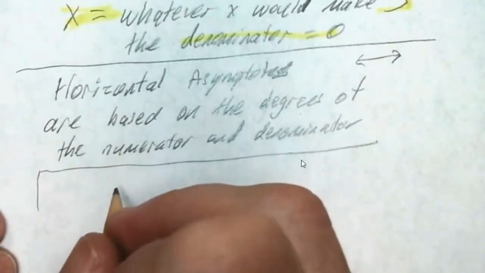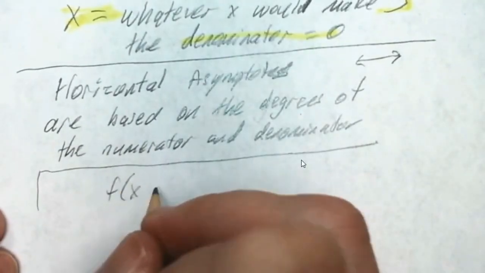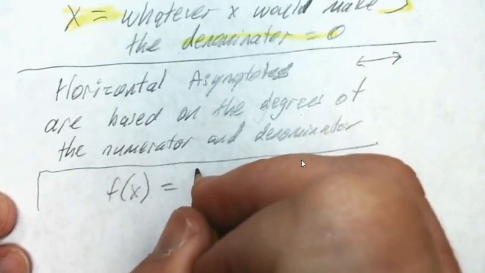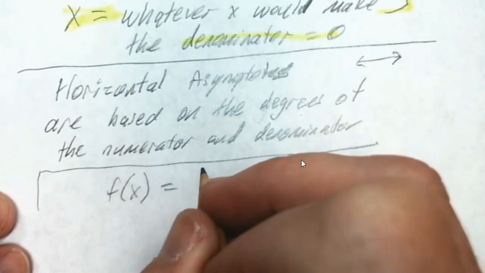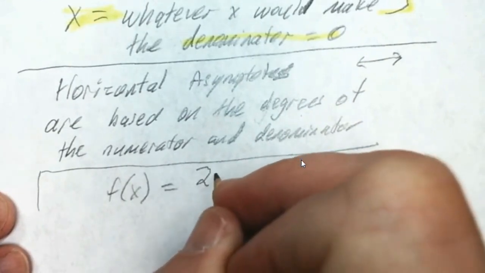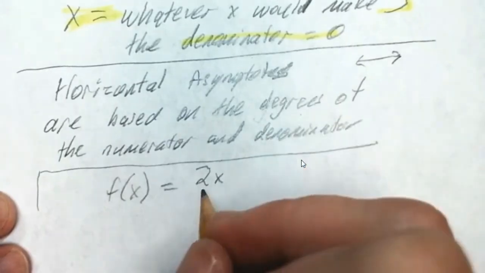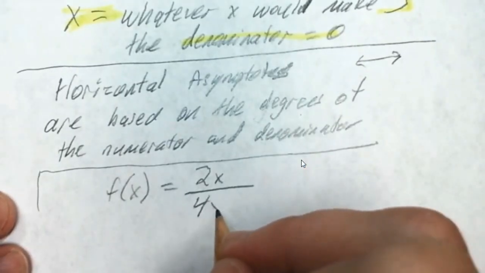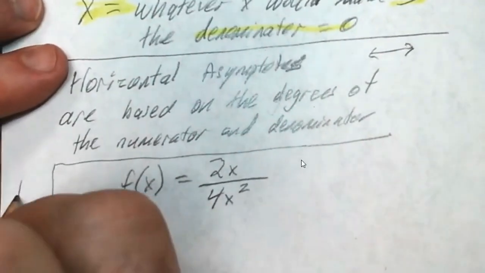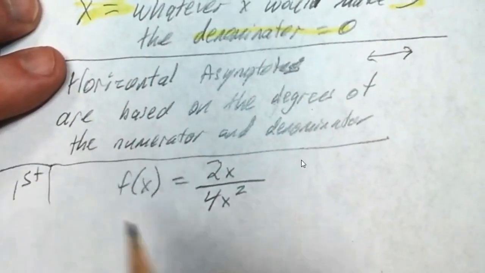So, for example, we need to illustrate this. If we have f of x is, let's do 2x over 4x squared. Here's our first situation.